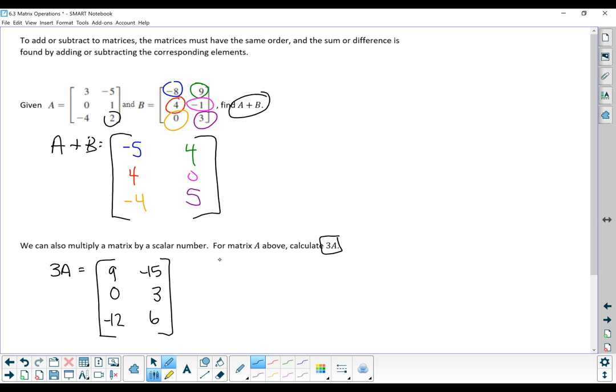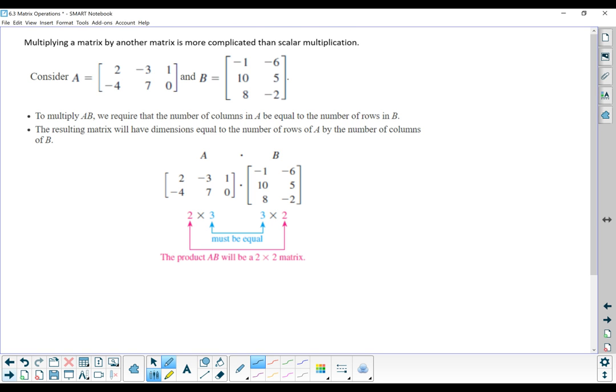Both of your topics today involve multiplying matrices together. Multiplying a matrix by a scalar number is super easy, but multiplying a matrix by another matrix is a lot more complicated. First of all, if you want to multiply a matrix A by matrix B, the number of columns in matrix A has to be equal to the number of rows in matrix B. In this case, A has 3 columns and B has 3 rows, so we could multiply those together.